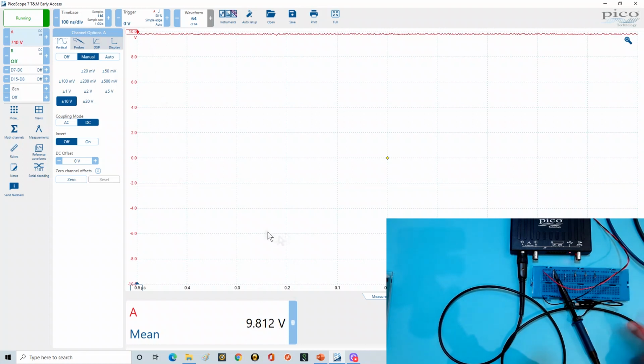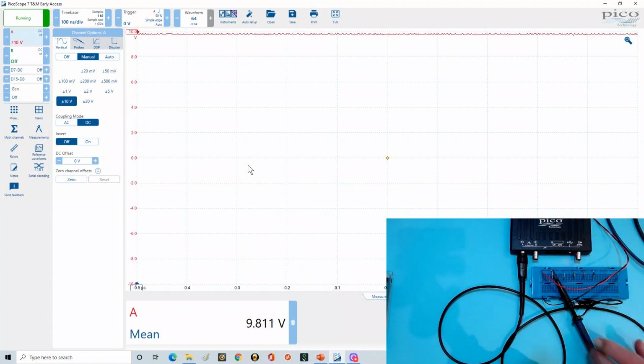Now what's important is what happens when I move this probe around my circuit. Ideally, we don't want it to have any influence at all, because we should always see 9.8 volts. However, that's not actually what happens because of the nature of the probe and the nature of the PicoScope itself.